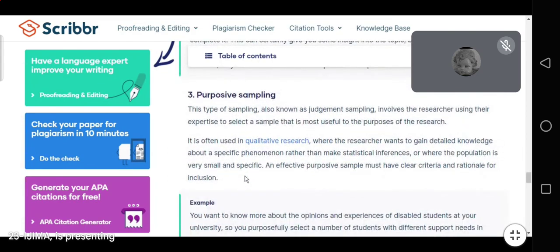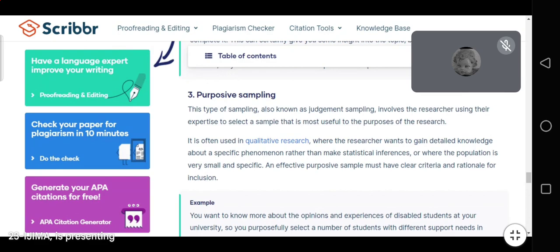So number three is purposive sampling, also known as judgment sampling. This involves the researcher using their expertise to select a sample that is most useful to the purposes of the research. This purposive sampling is usually used in qualitative research.